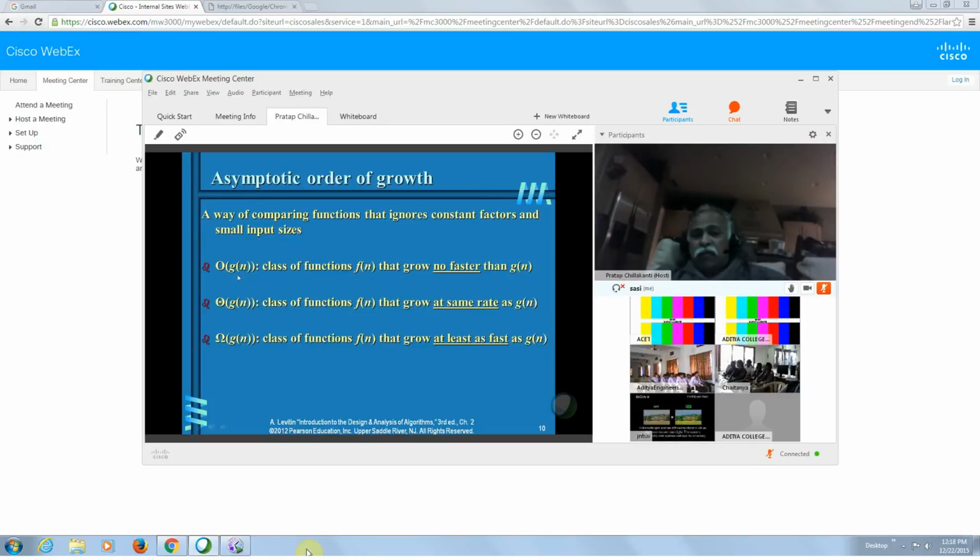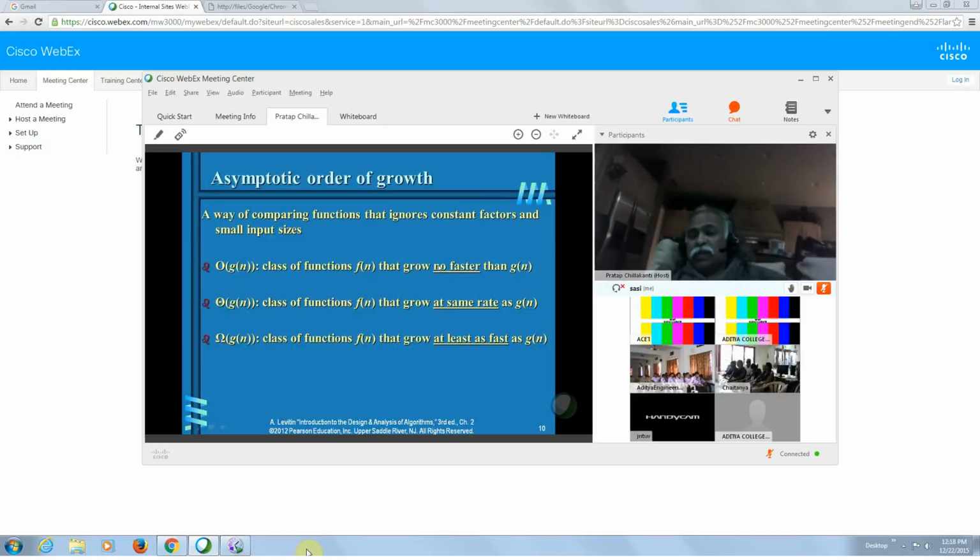So when you have order of g of n, one thing is they grow no faster than g of n. The other one is they grow at the same rate as n, meaning as the input size grows, what happens to the function? And then sometimes as the input size grows, do they grow at least as fast?